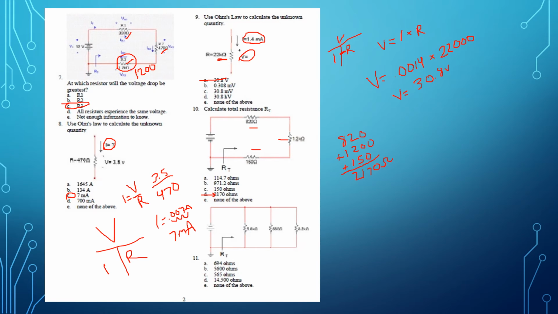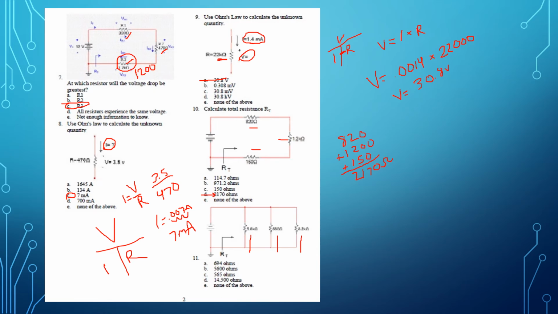Number 11. It's asking you to find the total resistance. Now you got to be careful on this one. This is a parallel circuit. In parallel circuits, you always need to remember, it does not seem right, but when you have all these resistors in parallel, your answer is always going to be less than the lowest value resistor that you have.